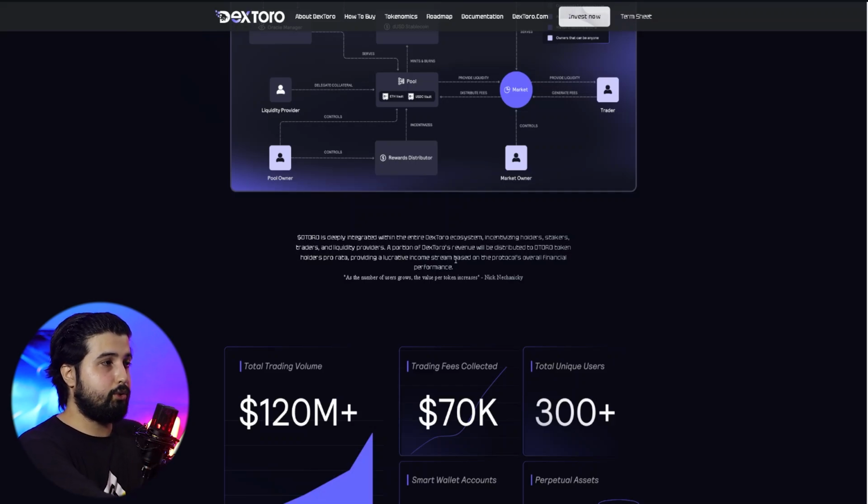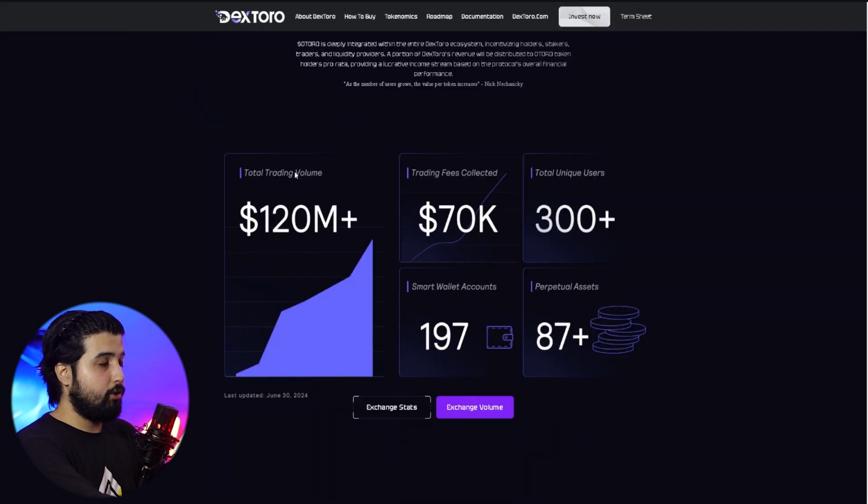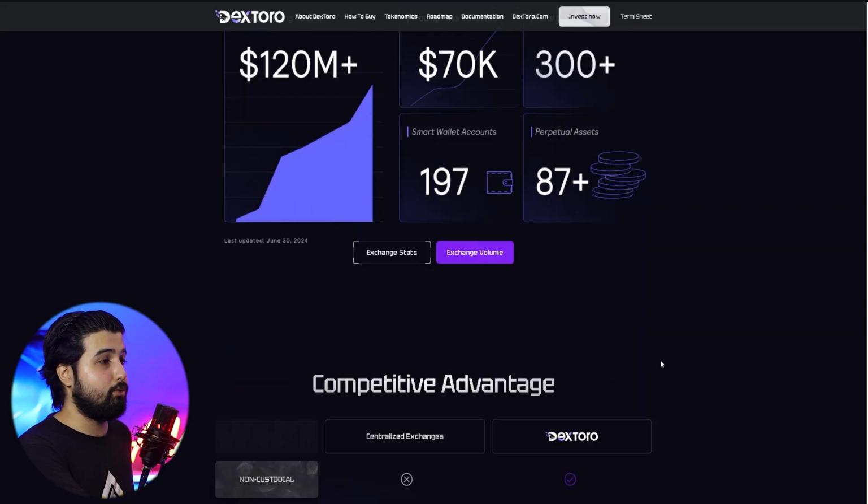A portion of DexToro's revenue will be distributed to DToro token holders pro rata, providing a lucrative income stream based on the protocol's overall financial performance. So it says as the number of users grow, the value per token increases. We have a total trading volume of more than 120 million. Trading fees collected are more than $70,000. They have more than 300 unique users, 197 smart wallet connects, and 87 plus perpetual assets.